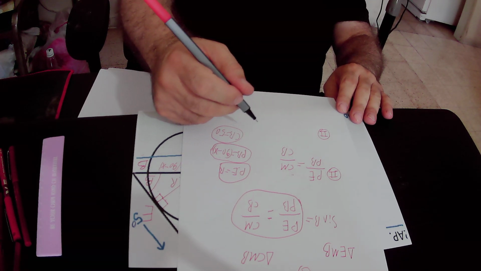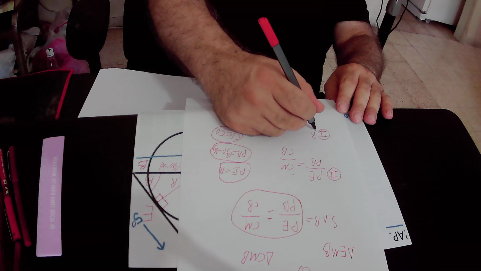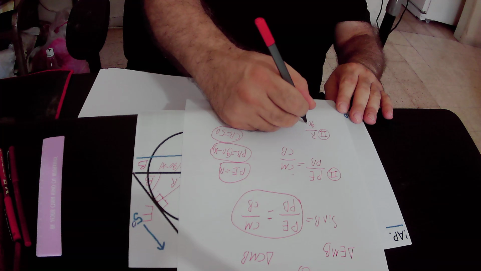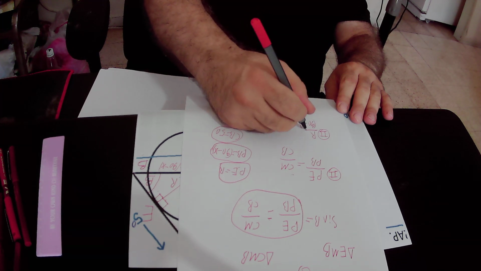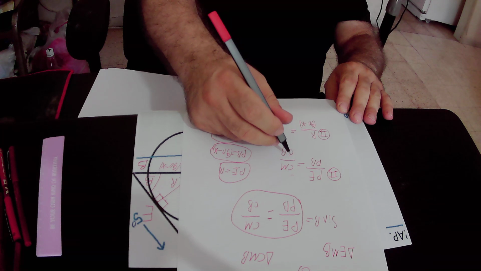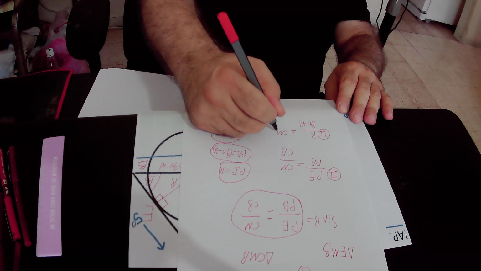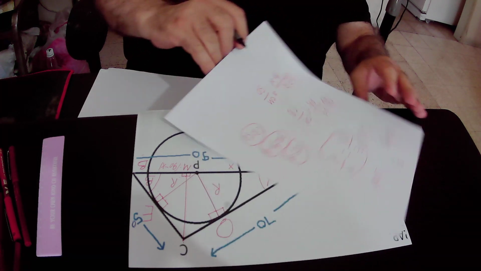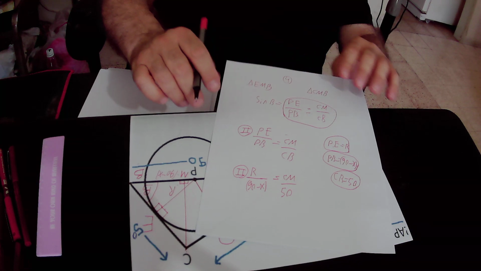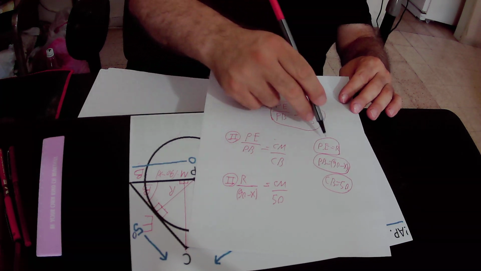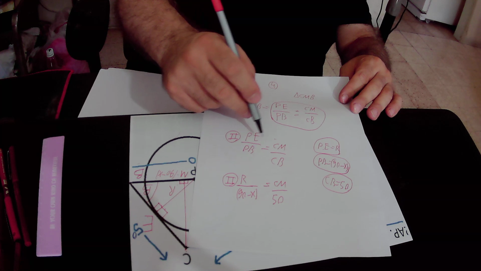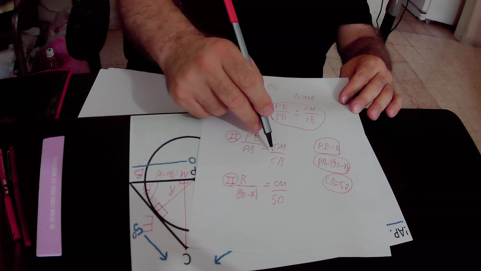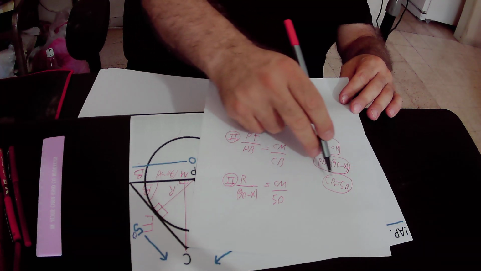Instead of PE, we write R over PB, where PB equals 90 minus x. We leave CM as it is, and CB equals 50 units. Again, we substituted PE by R because PE equals R, PB by 90 minus x because PB equals 90 minus x, and CB by 50 because CB equals 50.